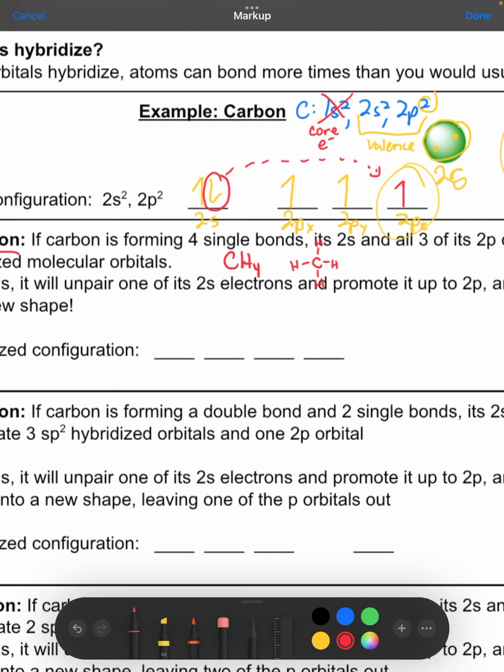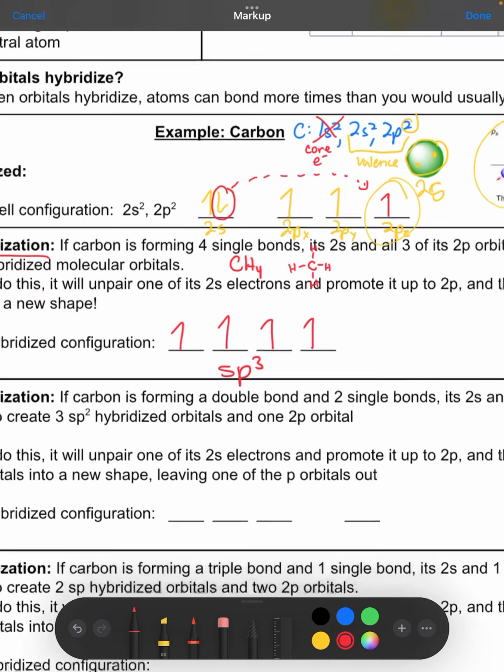Then the spaces smash themselves together and they create a new shape. And when that happens, you'll end up with an sp3 hybridization pattern, and all of those electrons will be unpaired now and available to form a bond.